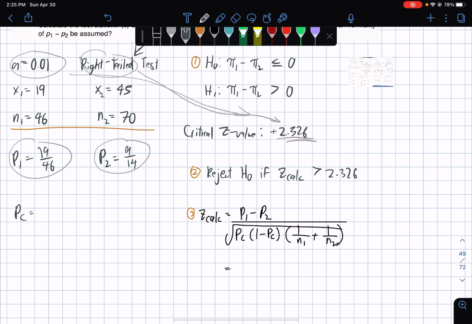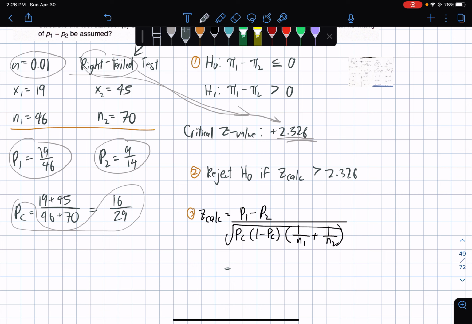And then we have PC. That is 19 plus 45 over 46 plus 70. So that's 16 over 29. The reason I'm writing them in fractions this time, the decimals are a lot longer to copy.